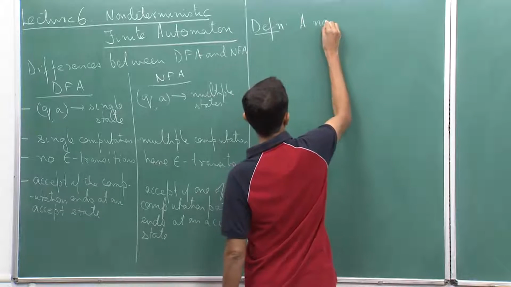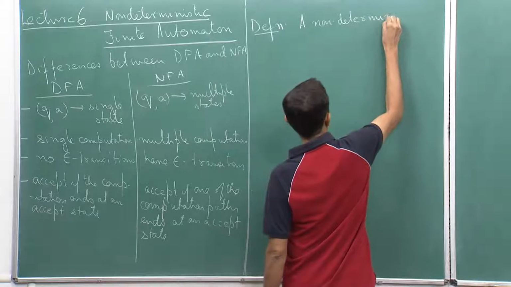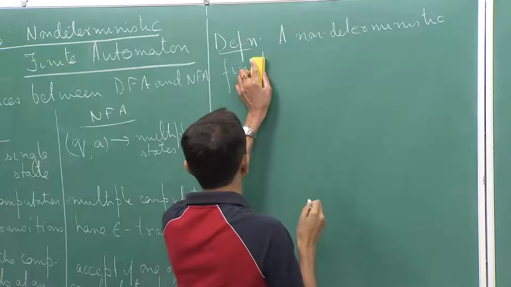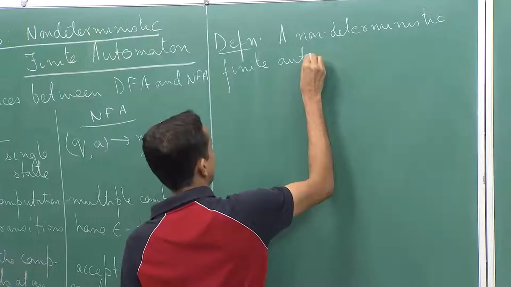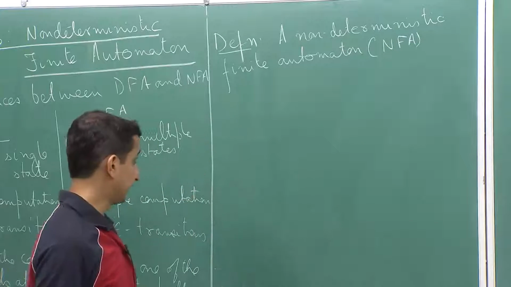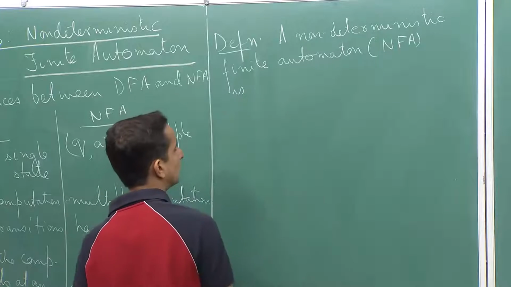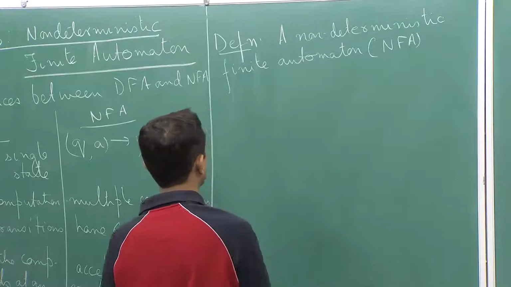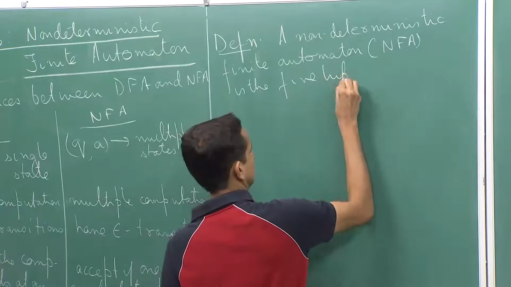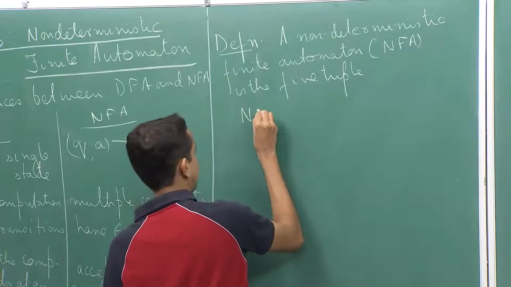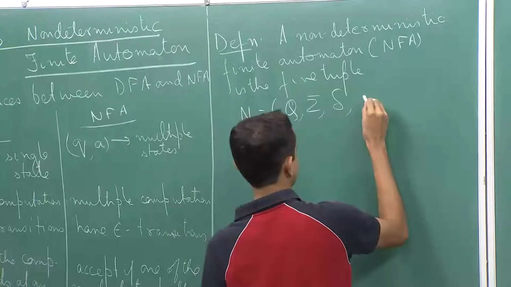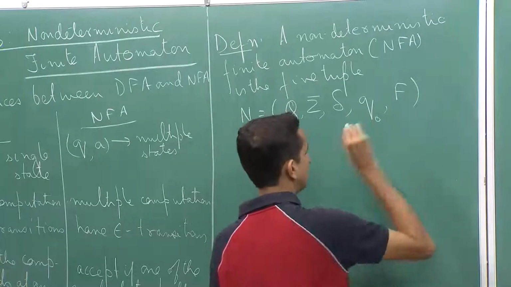A non-deterministic finite automaton, which in short we call an NFA, is a five tuple N equals (Q, Sigma, delta, q naught, F).